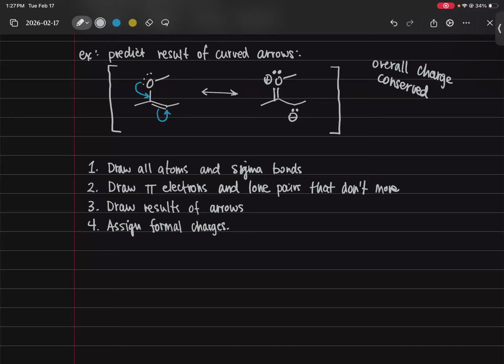And where the electrons originally came from, the oxygen, is now electron deficient, so it has a positive charge. That's just a very hand-wavy thing you can do to check that you've assigned those charges correctly. The place the electrons are going towards is going to have more electrons, so it's probably going to be more negative. Could also be less positive. So be careful of that as well. So overall neutral, overall neutral.